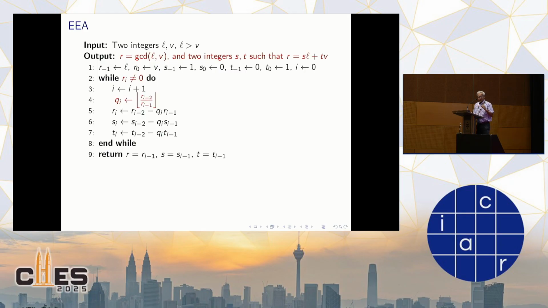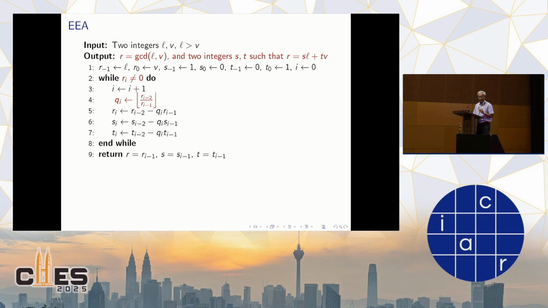So when this algorithm is executed, in line one, we're actually initializing some variables. There are three sets of variables. The first set of variables are R, labeled as R minus 1 and R0. Then the other set is the S variables, and finally we have the T variables.